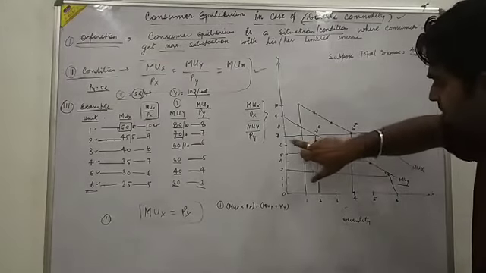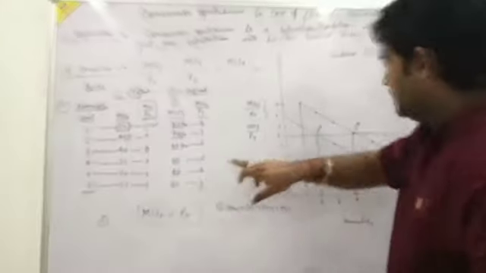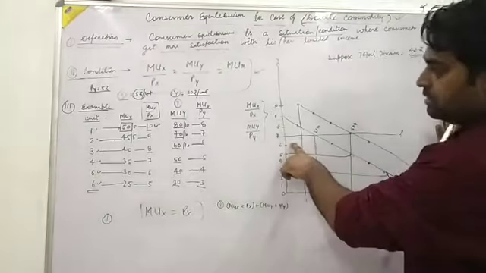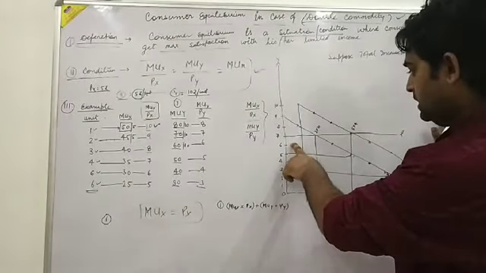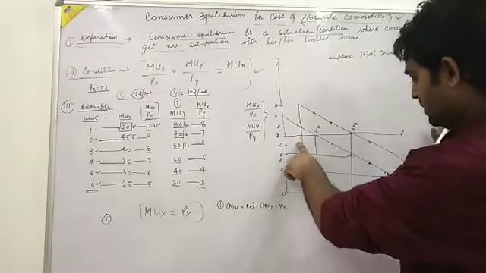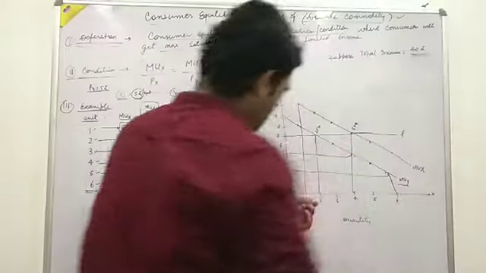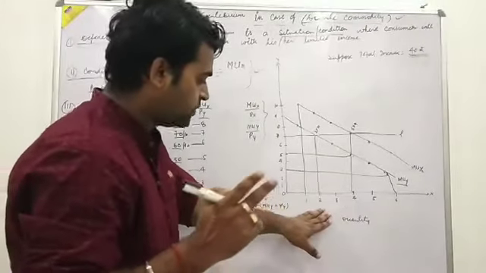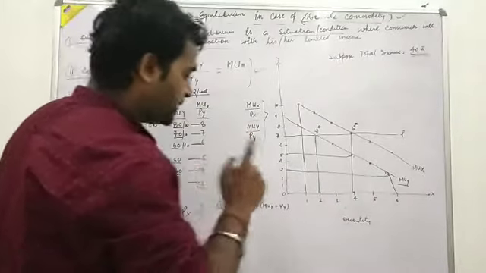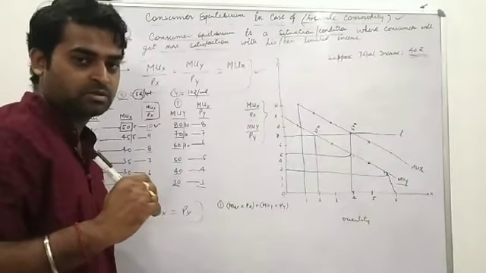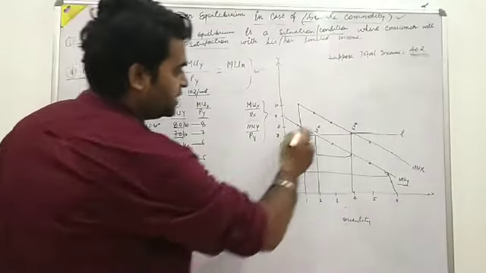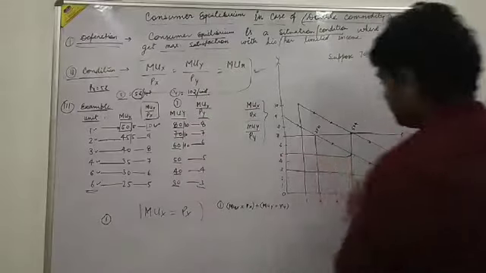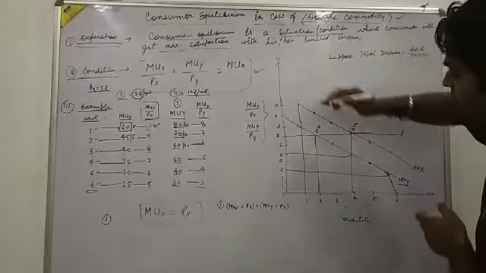So see here, when we are getting 7 utility on 2 quantity of the commodity, getting the price of 2 commodities, see here, sorry, this one is the MUX.